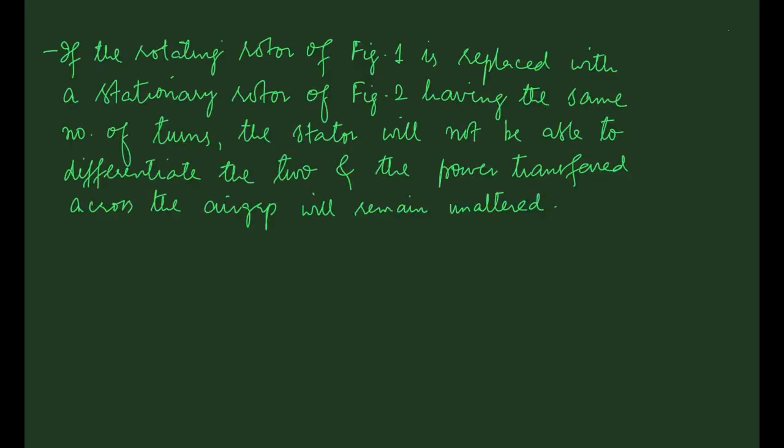Now we see that the total power received by the rotor circuit of figure 2 is appearing only as the rotor copper loss, and hence the air gap power Pg will be equal to I2 square R2 by S. Equation number 6.